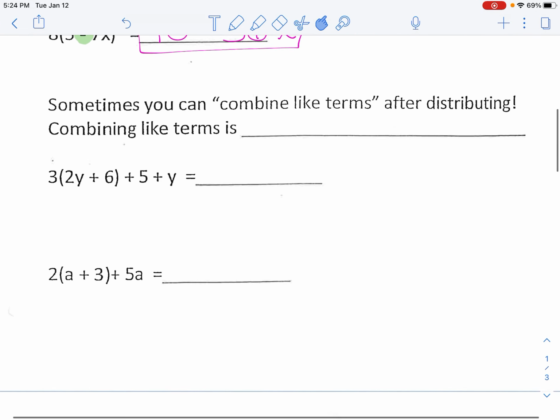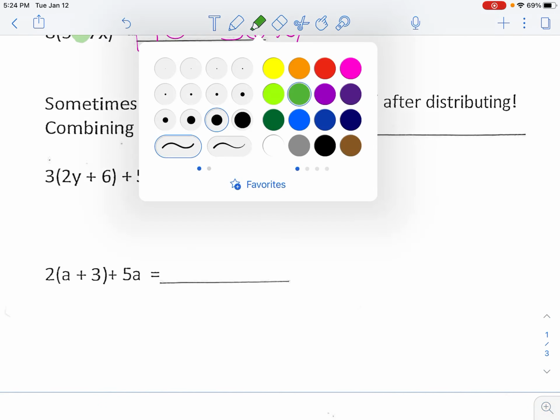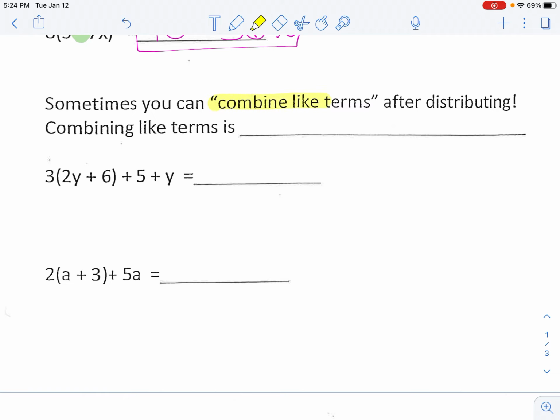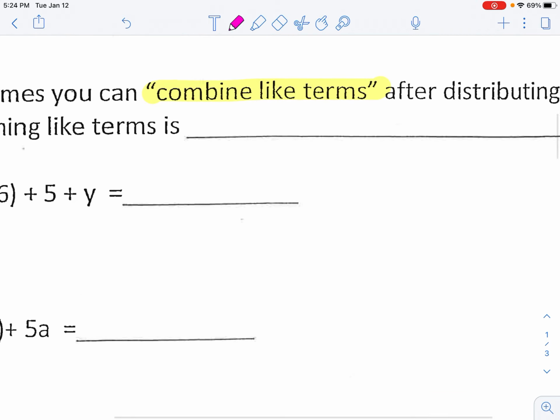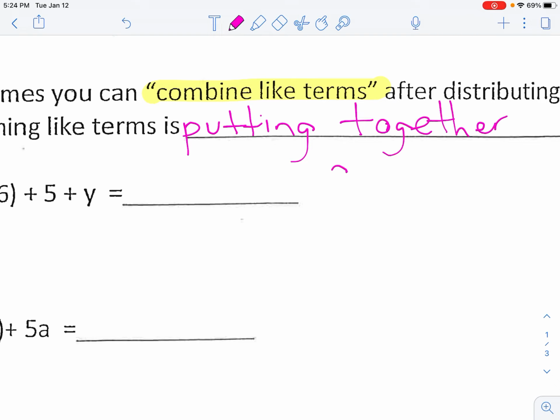All right, next step. Sometimes you can combine like terms. Combining like terms is putting together anything that is the same.